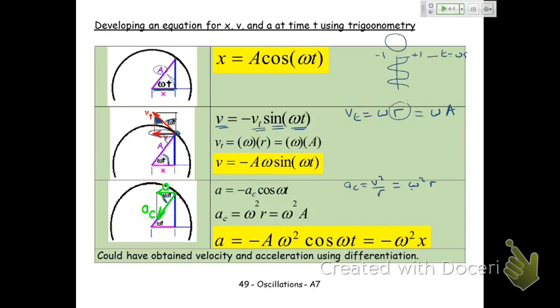I could have done this by calculus, of course, because if I know that v is equal to dx by dt, I can just differentiate that with respect to time, and I get that. And if I remember that a is equal to dv by dt, I can differentiate that, and I get that. Either way, know them. Either figure them out one way or another, but know them.